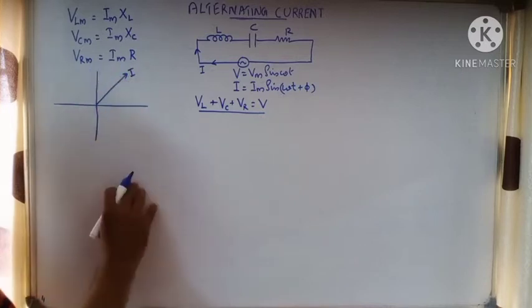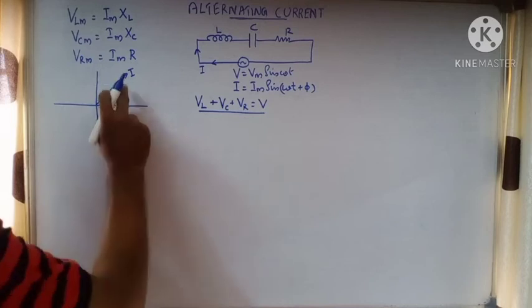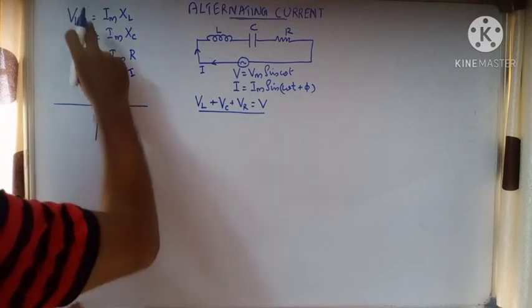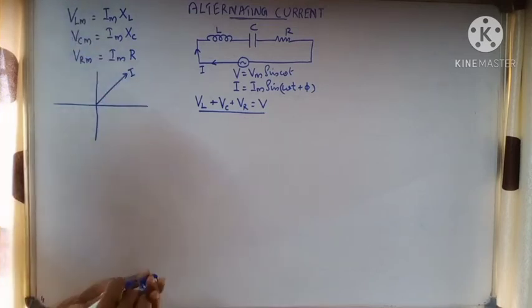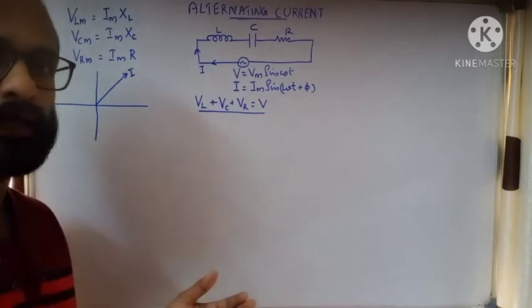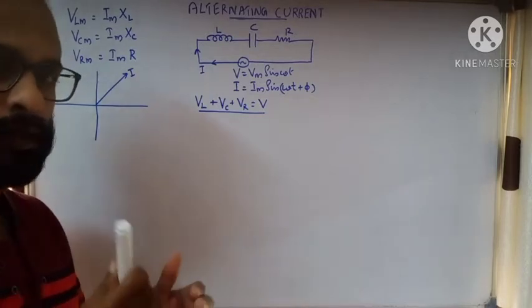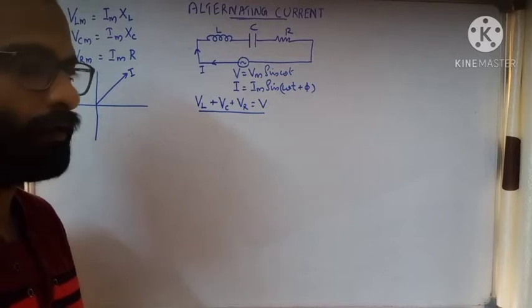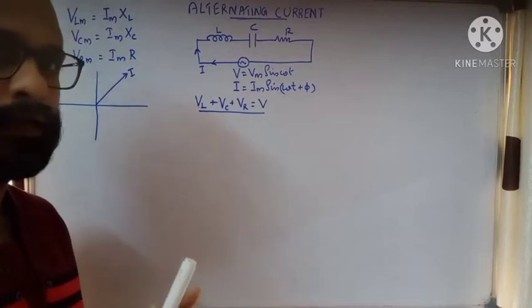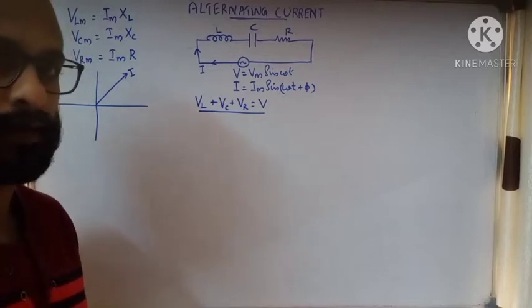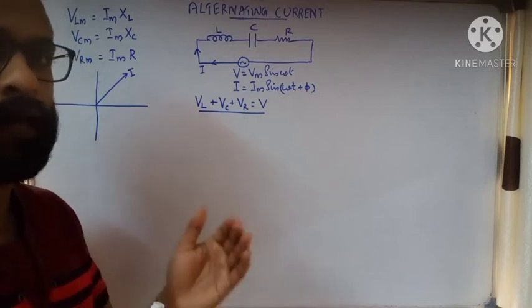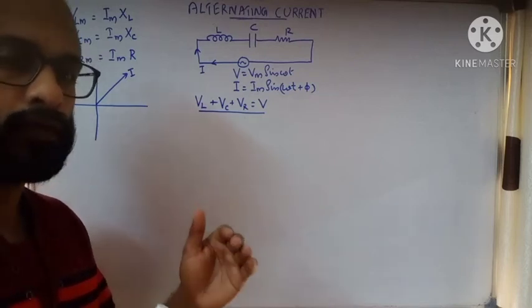Now we know that for an inductor, the current is lagging behind the voltage. In other words, the voltage is leading the current. Voltage leads the current, or current lags voltage.